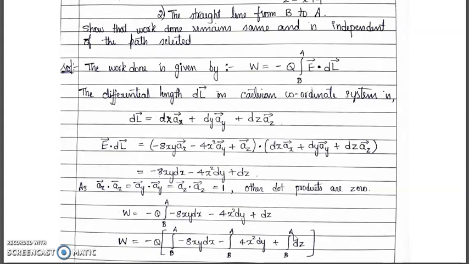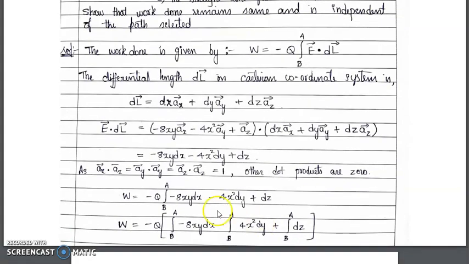But one thing you can note here: in the first term, there is a y term, and in the second term, there is an x term. But it is an integration with respect to x and an integration with respect to y. So we will convert this y term in terms of x. Similarly, this dy we are converting into a differentiation with respect to x. How can we convert?